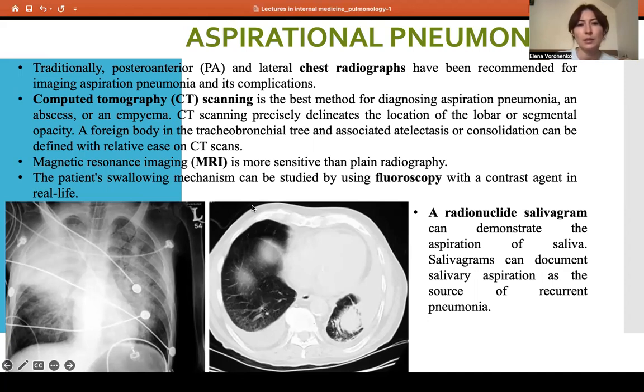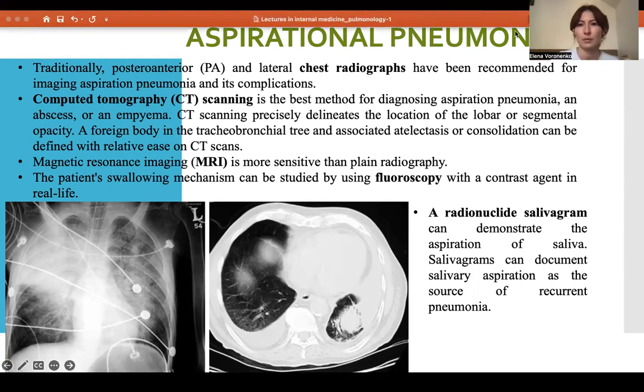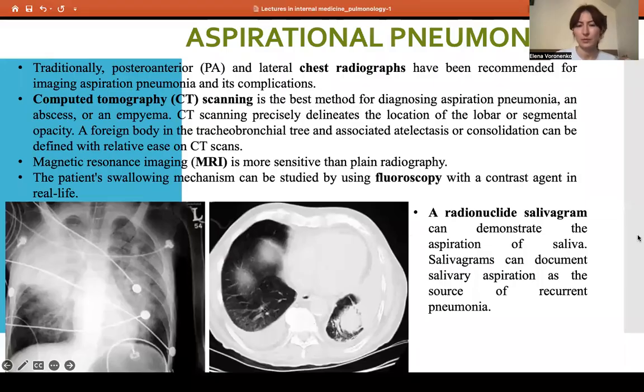CT scanning precisely defines the location of the lobar or segmental opacity, a foreign body in the tracheobronchial tree, and associated atelectasis or consolidation can be defined with relative ease on CT scans.